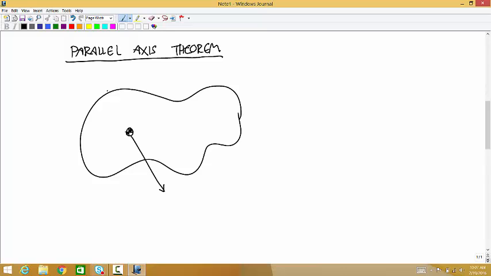If you can calculate the moment of inertia about an axis going through the center of mass, and you want to calculate the moment of inertia about a parallel axis that doesn't go through the center of mass, I'll call this axis C because it goes through the center of mass. I'll call this one A. There's a distance D between them that has to be perpendicular to those two. It's the shortest distance.